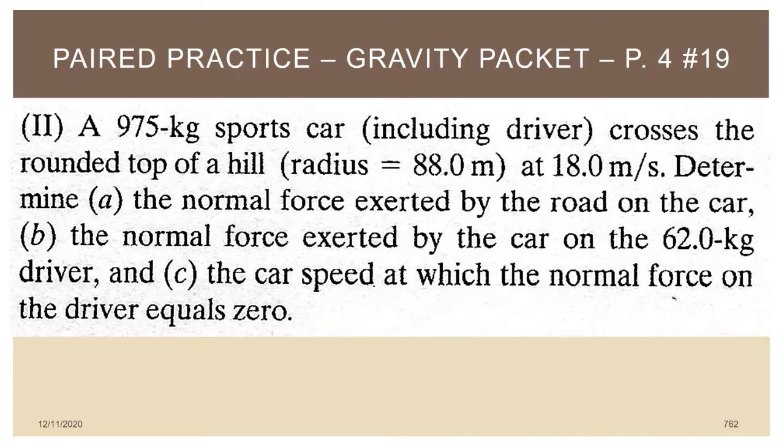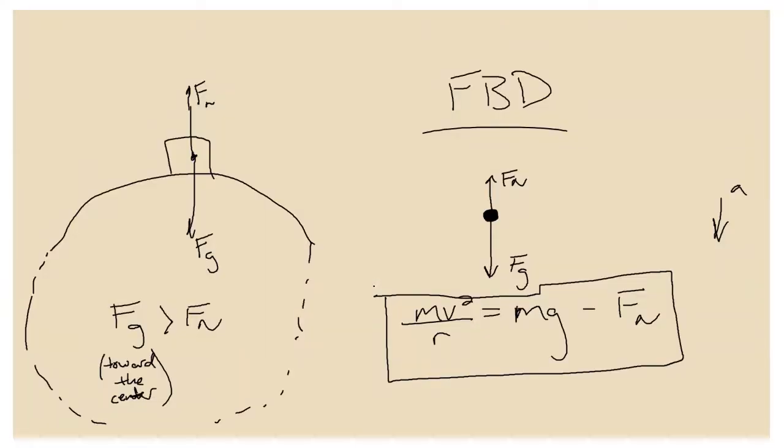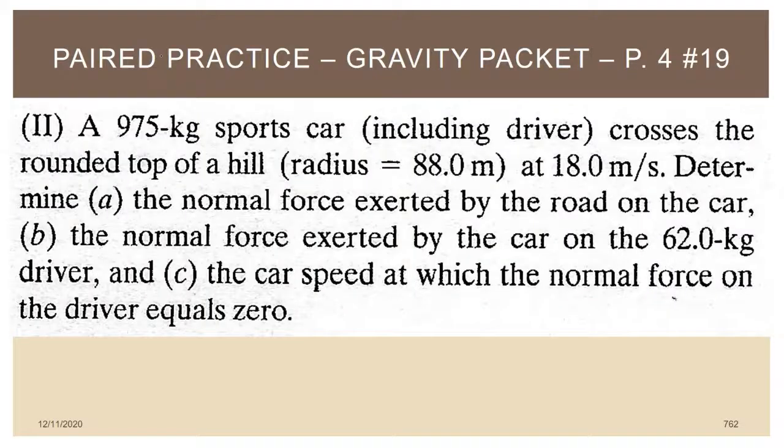Okay, so as we derived in this problem, we have an equation that says mv squared over r is Fg minus Fn. And so we can start to make sense of this problem. The mass of the car, I'll just write mc here, is 975 kilograms. Let's go back and remind everybody of that.